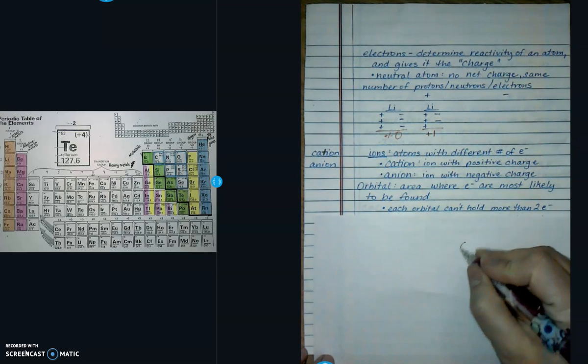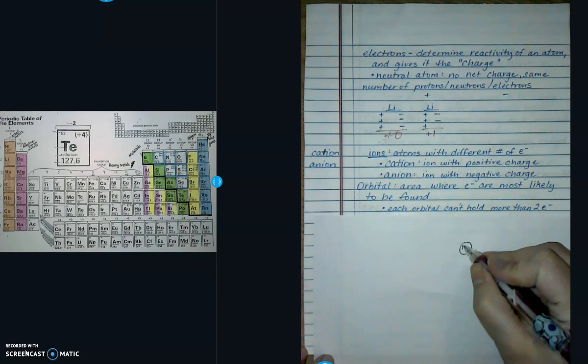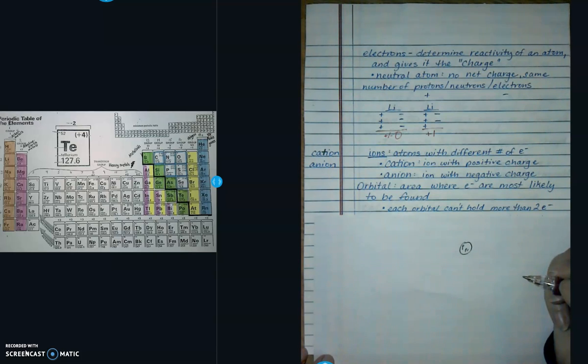And again, that orbital is just the area where the electrons are most likely to be found. Each orbital can't hold more than 2 electrons. So when we're looking at atomic structure, we have a nucleus that has a given number of protons and neutrons.